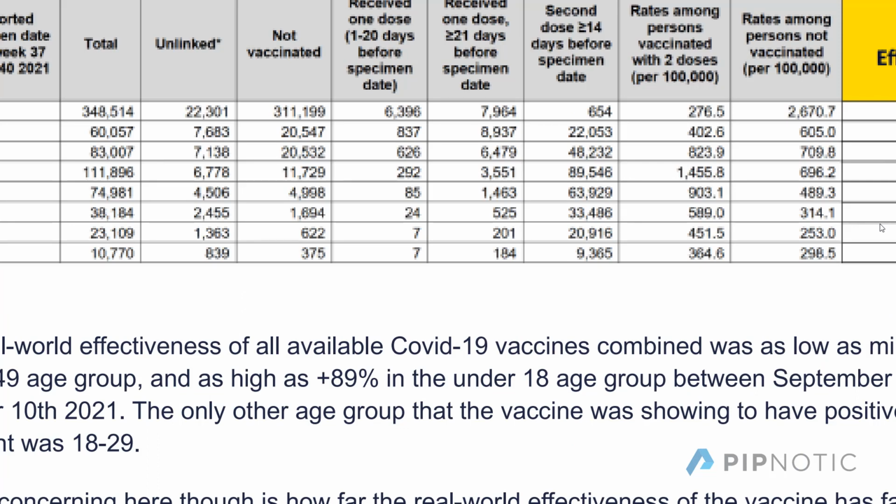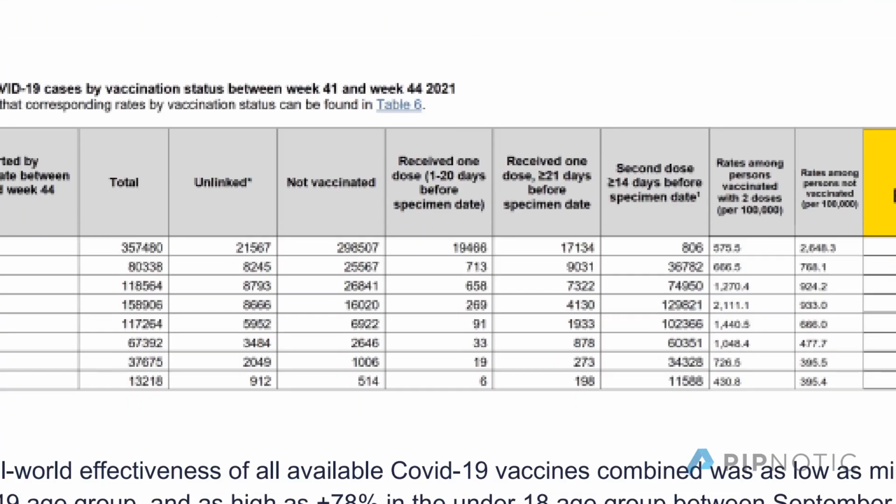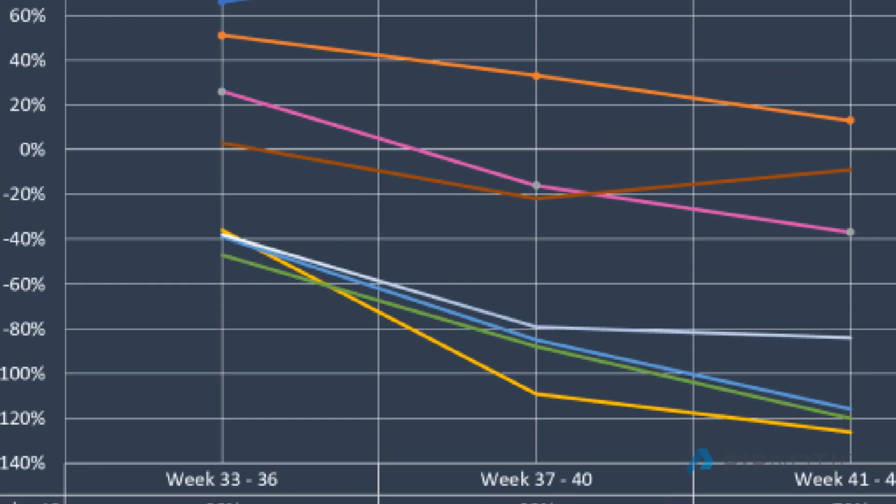Minus 109 from the age group 40 to 49. We are minus 109% more protected than people who are unvaccinated. What is that telling us? That's telling us that if you are unvaccinated, you are 109% more protected than a vaccinated person. And the numbers get worse and worse and worse. And if this does not make your alarm bells go off, I don't know what does.